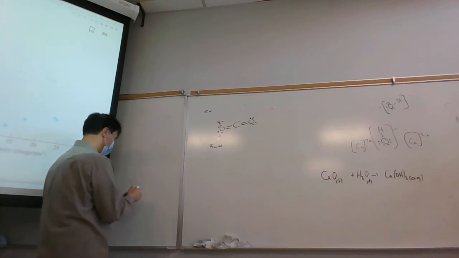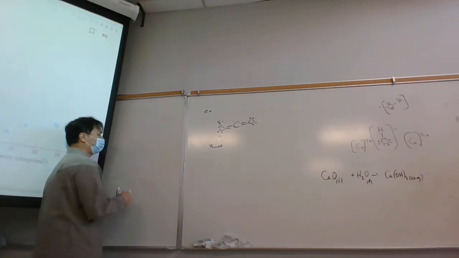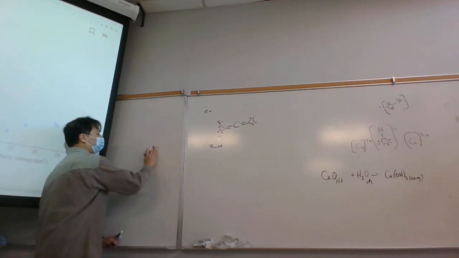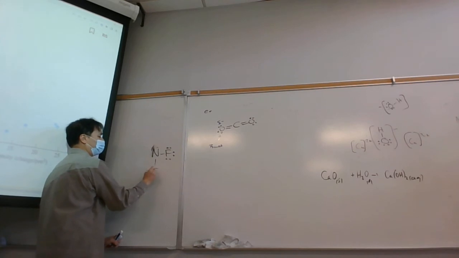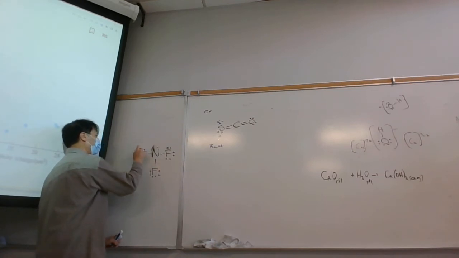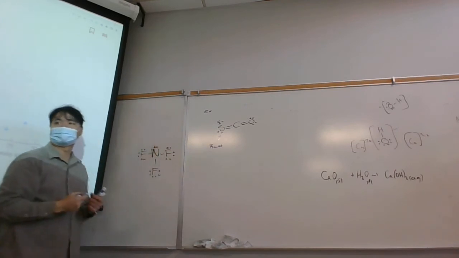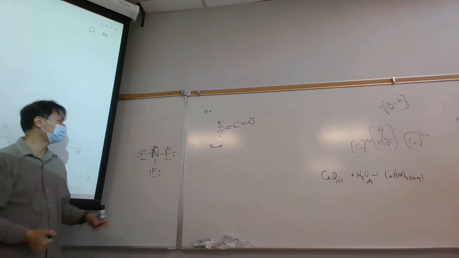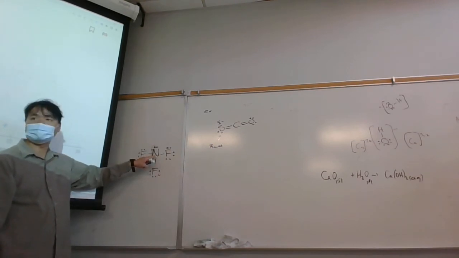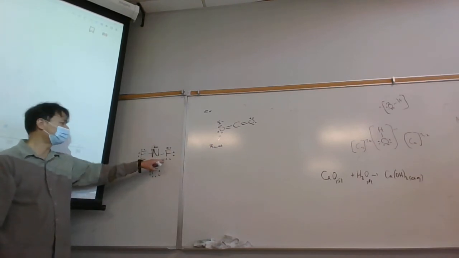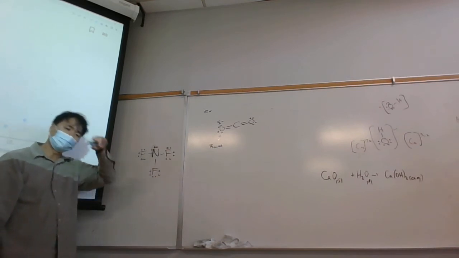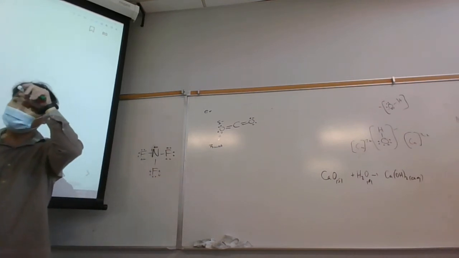For example, here, nitrogen trifluoride has a lot of lone pairs. You look at nitrogen trifluoride and you might say, okay, the nitrogen is a base, and the fluorines are bases. But do fluorines want to donate a lone pair to anybody?